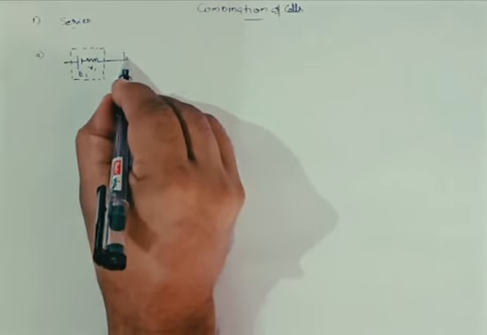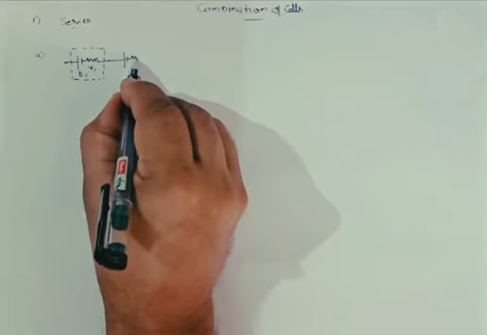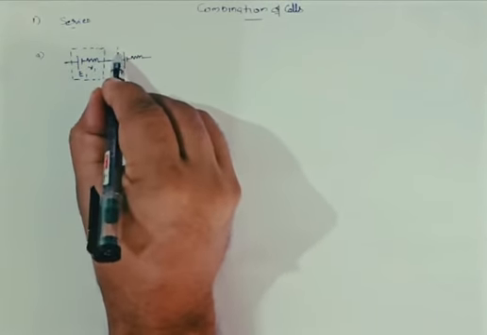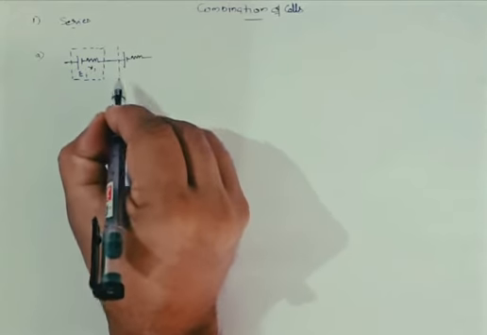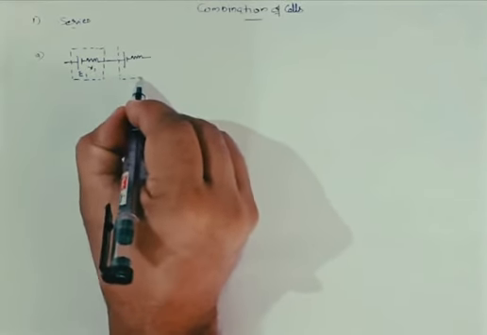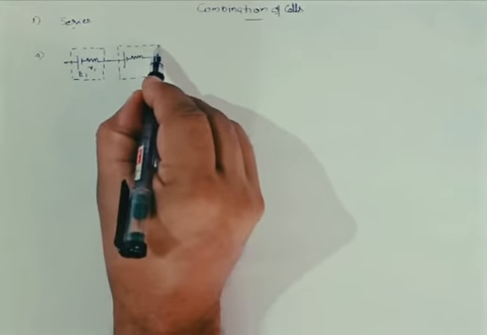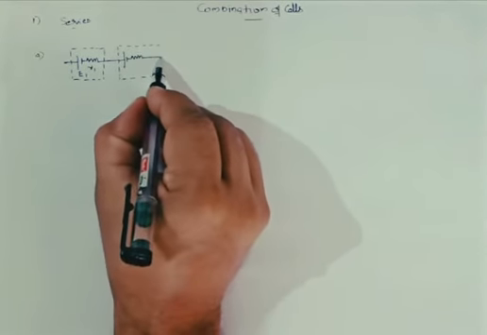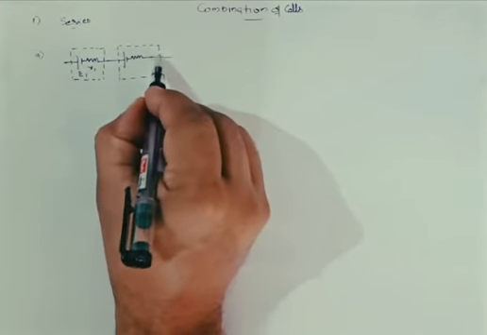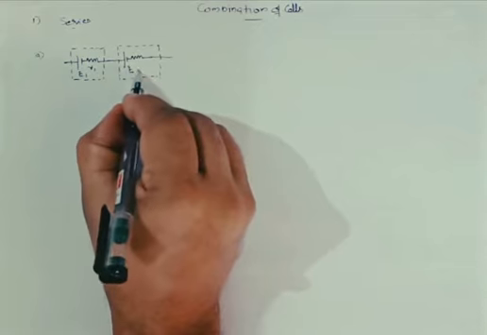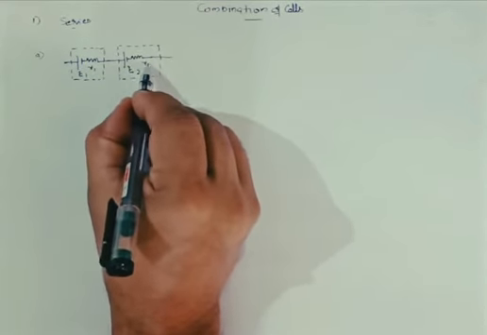So here we have the first cell with EMF E1 and internal resistance R1 connected to the second cell with EMF E2 and internal resistance R2. They are connected with their polarities in the same direction.